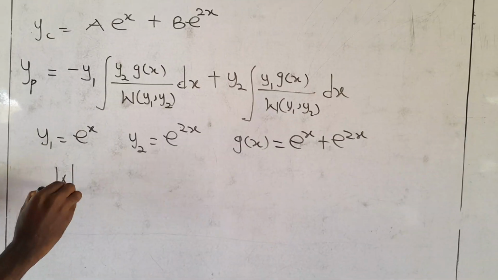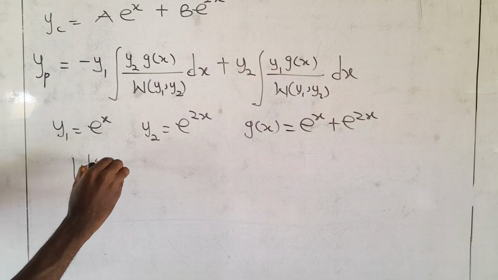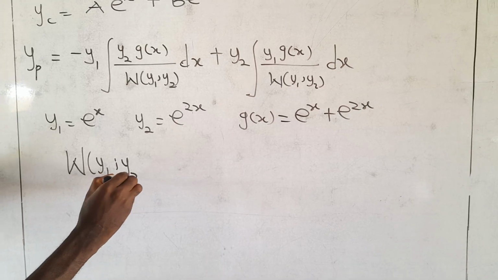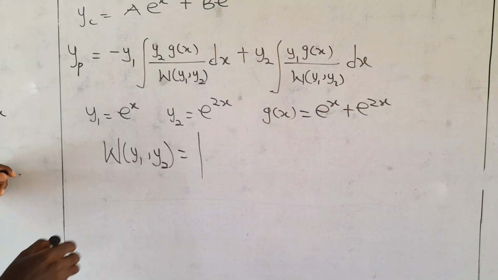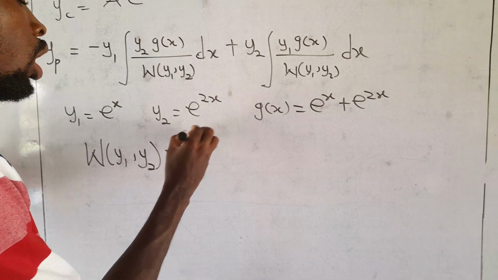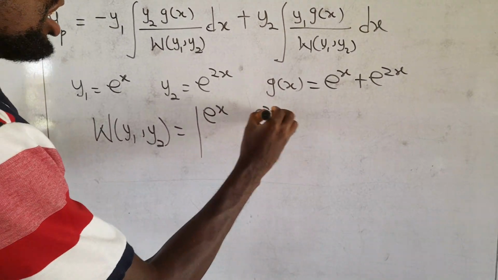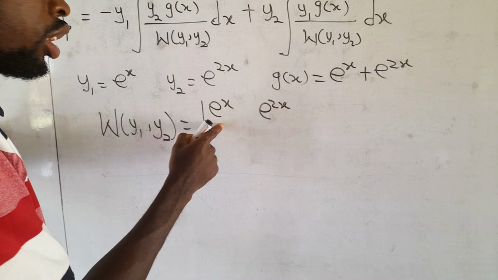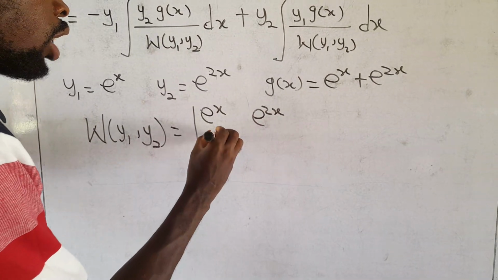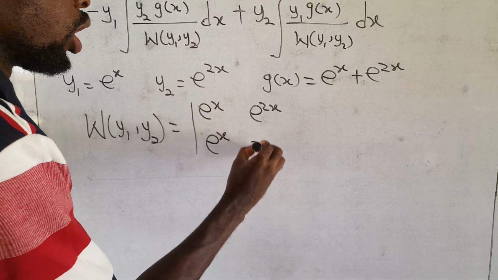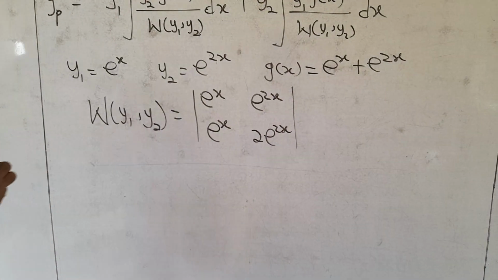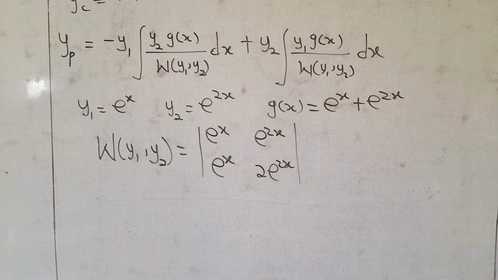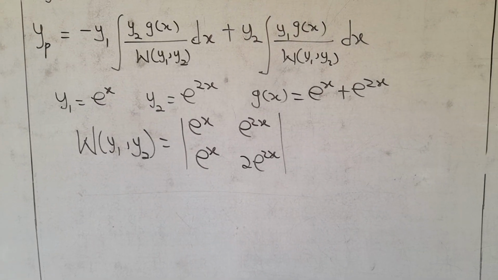So remember the Wronskian of y1 comma y2 will be equal to the determinant of y1, which is e exponent x, e exponent 2x, and their derivatives. On differentiating this, we get e exponent x. On differentiating it, we get 2e exponent 2x. Please do well to check out my videos on how to find the Wronskian of a function on YouTube.